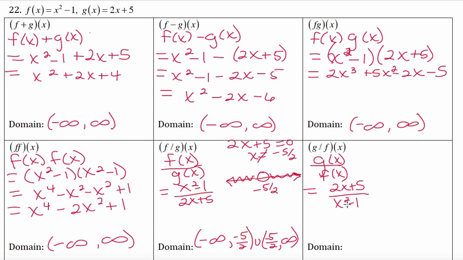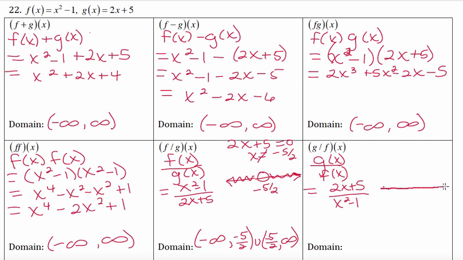And once again, I can factor x squared minus 1 into the difference of squares, x plus 1 times x minus 1, but it's not going to allow me to cancel with any factor in the numerator, so I'm going to leave it just like that for its simplified answer, and then we're going to go ahead and find that domain. Now, once again, the domain of g divided by f of x is that intersecting domain of both f and g, where both of their domains intersect, excluding whatever makes the denominator equal to 0.